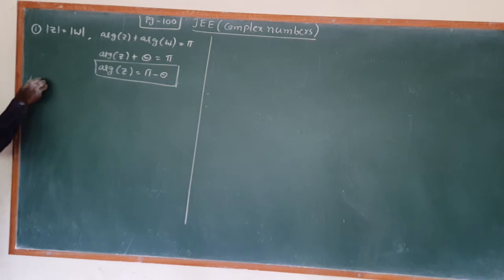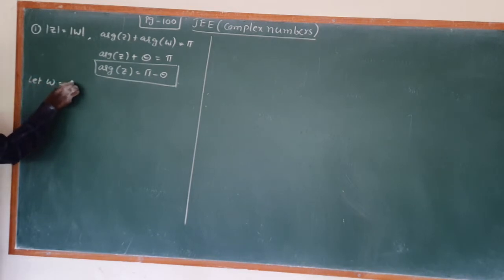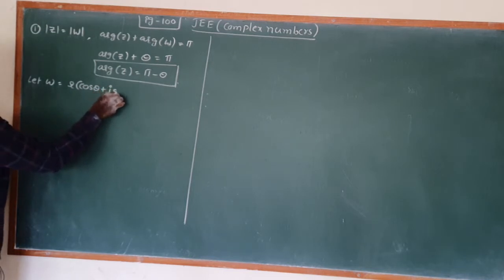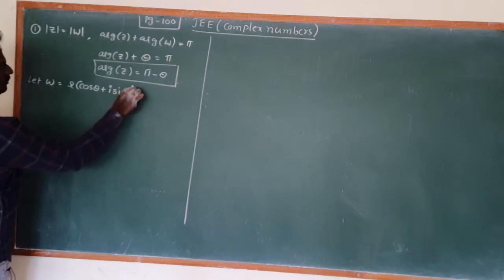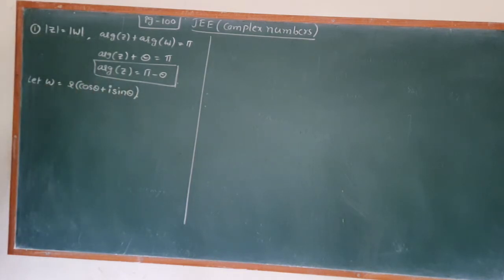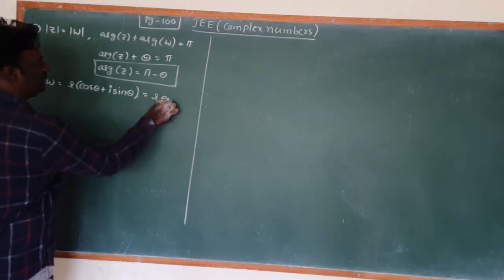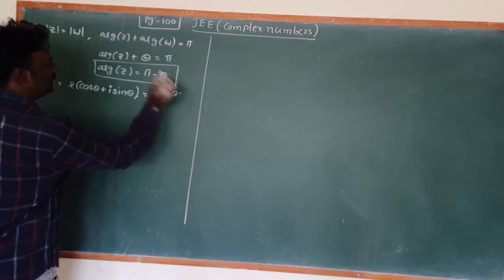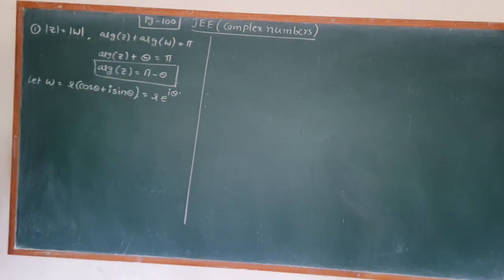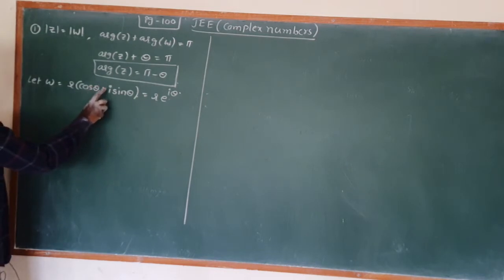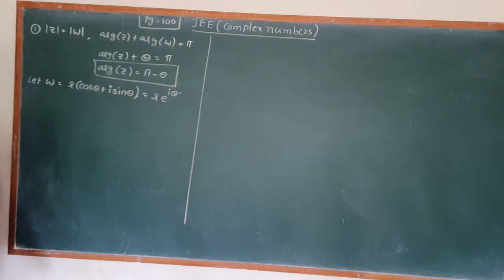Let omega equal R into cos theta plus i sin theta. This is called polar form. It is also called cis theta, or we can write e power i theta. Both are the same. E power i theta means cos theta plus i sin theta.